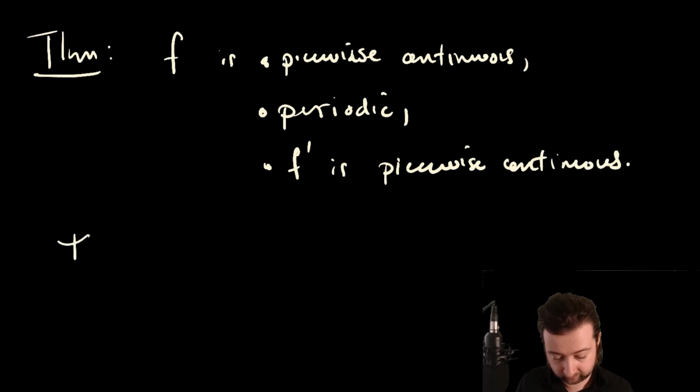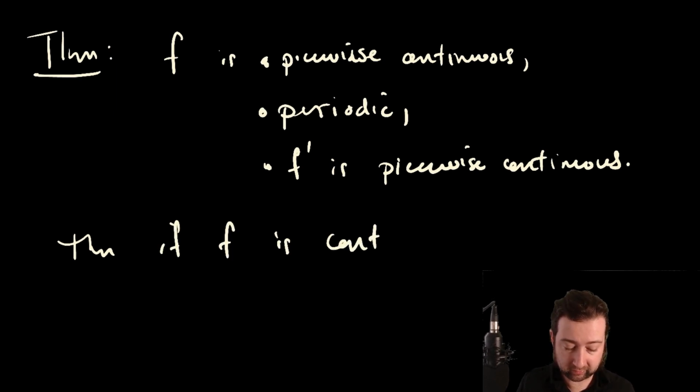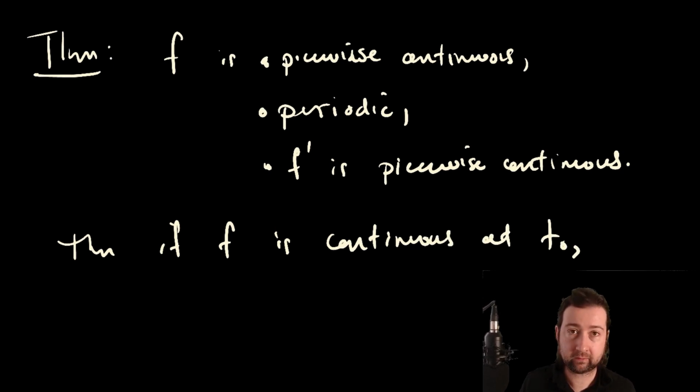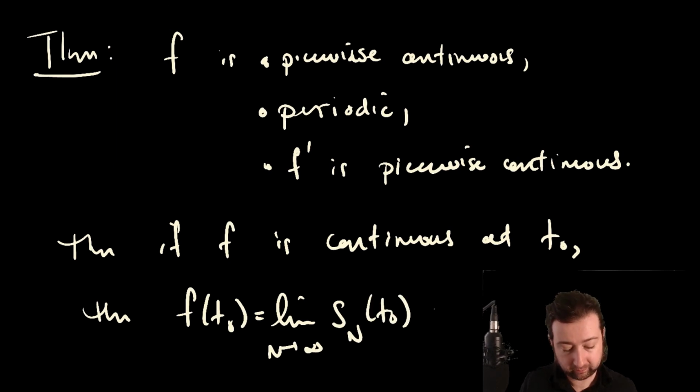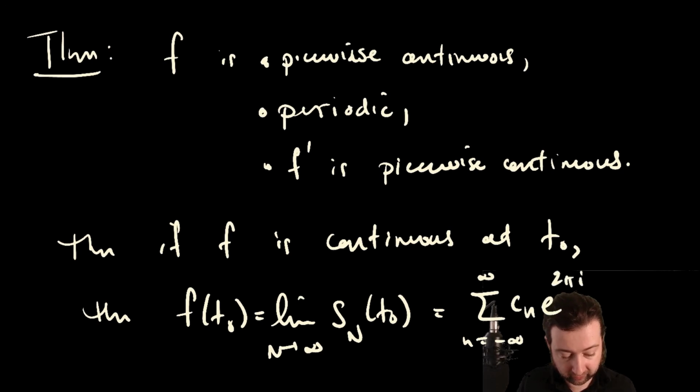Then, if f is continuous at some point t naught, then f of t naught is equal to the limit as n goes to infinity of Sn evaluated at t naught, which is equal to the sum from minus infinity to infinity of Cn e to the 2 pi i n t.